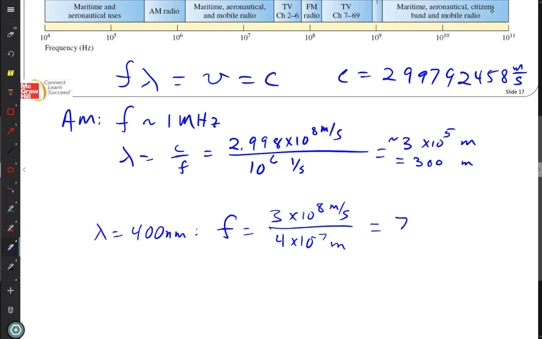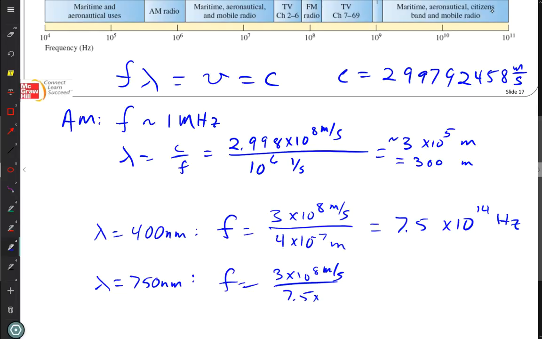That's 7.5 times 10 to the, let's see, 7 and 7 is 14 hertz. Look, 400, 7.5. Obviously then, if the wavelength is equal to 750 nanometers, the frequency is equal to 4 times 10 to the 14th hertz.